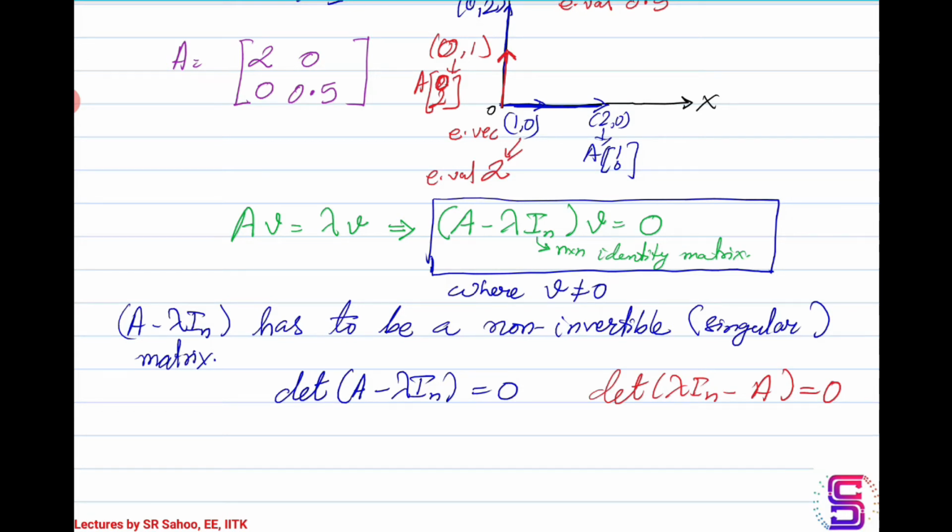So if you can find a value of this lambda, which we are referring to as eigenvalue, such that this relationship is true, then the lambda is said to be the eigenvalue corresponding to the matrix A.